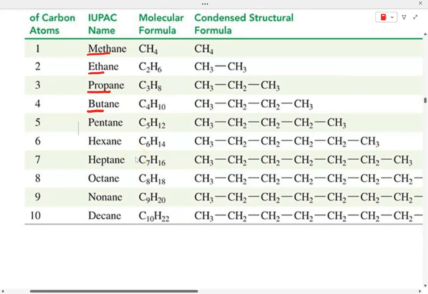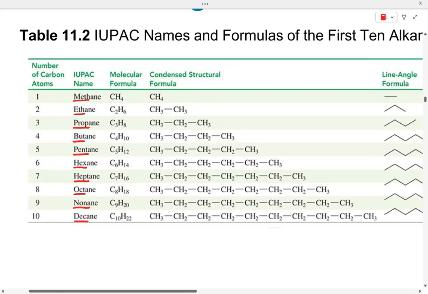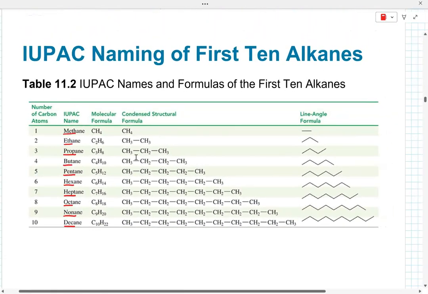Next ones, especially if you encounter other medical, physical concepts: pent, 5, like pentatonic; hex, 6; hept, 7; oct, like octave, 8; non, 9; dec, like decimal, 10. Questions about the naming? Only up to 10, that's it.